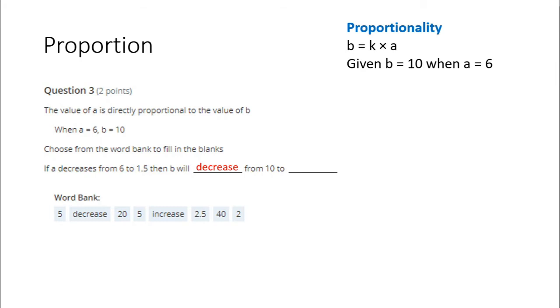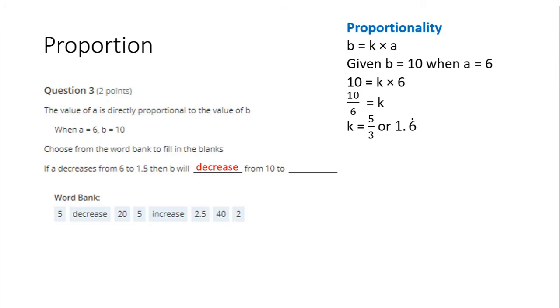So if A is 6 when B is 10, 10 will be equal to K times 6. I want to find out what K is, so I need to get the 6 to the other side. The opposite of multiply is divide, so I'll do 10 divided by 6. So K works out to be kind of a messy decimal value. 10 divided by 6 could simplify to 5 over 3 or 1.6 recurring.